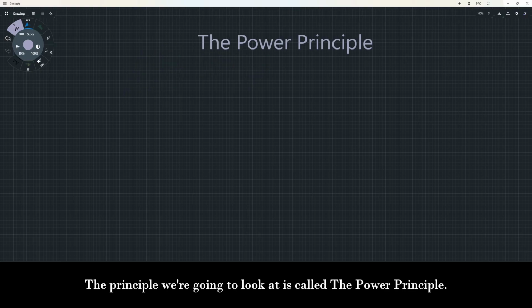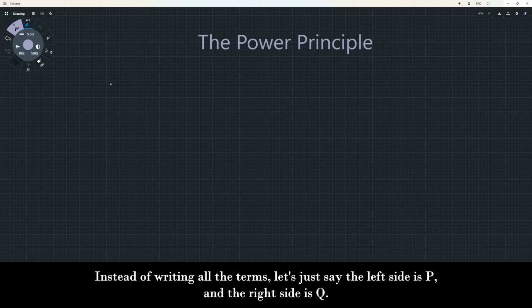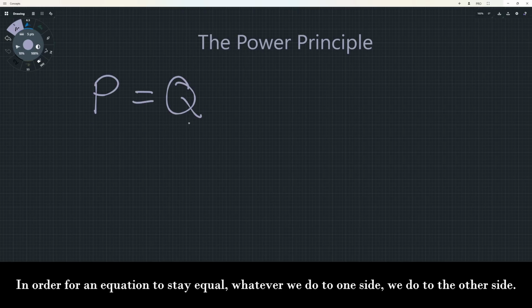The principle we're going to look at is called the power principle. Let's say we have an equation. Instead of writing all the terms, let's just say the left side is P and the right side is Q. So we have P equals Q. In order for an equation to stay equal, whatever we do to one side, we must do to the other side.